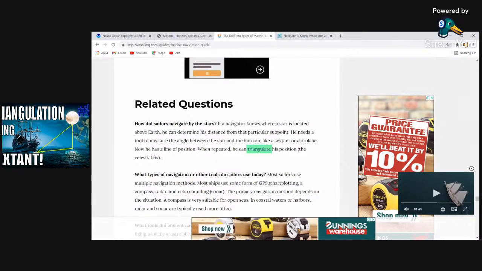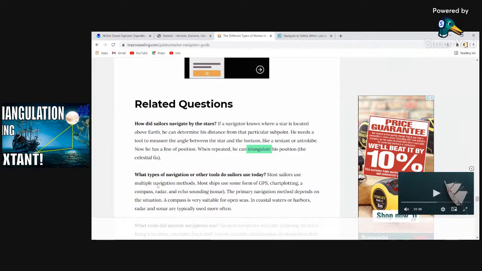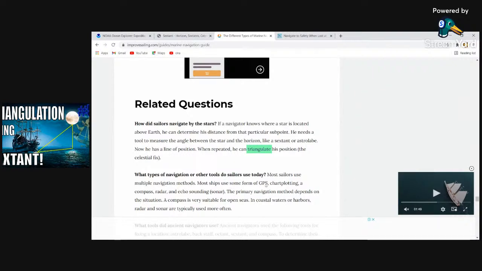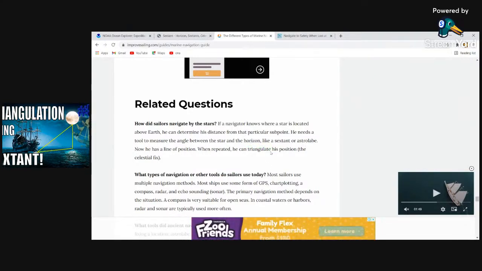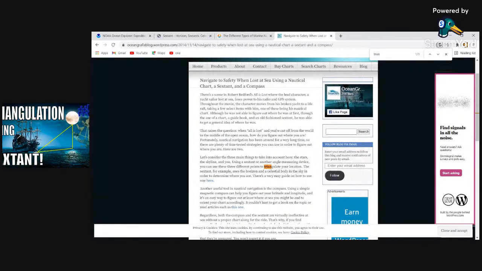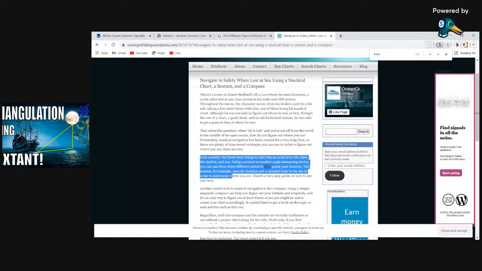And then it goes into most sailors use multiple navigation methods like GPS, chart plotting, compass, radar, echo sound. What if you just got a sextant? Triangulation. So this is to navigate safely when lost at sea using a nautical chart, a sextant and a compass. Let's consider 3 main points to take into account here: the stars, the skyline, and you.